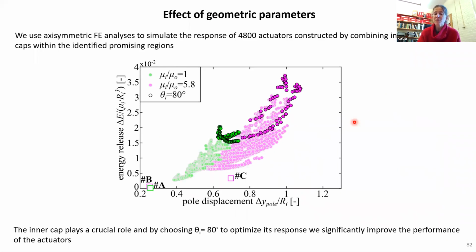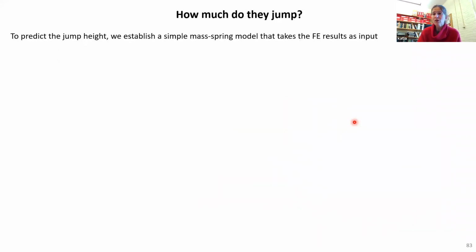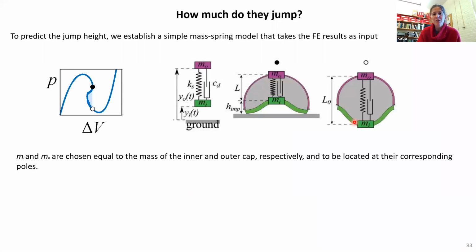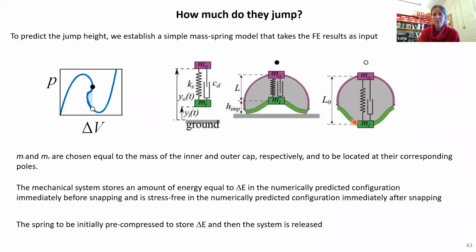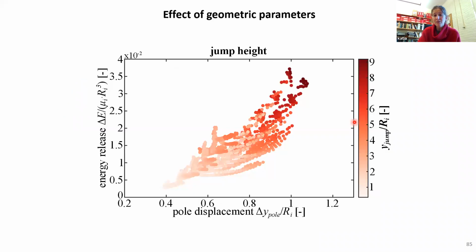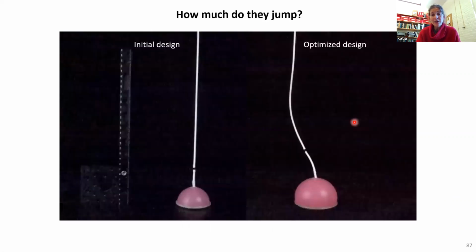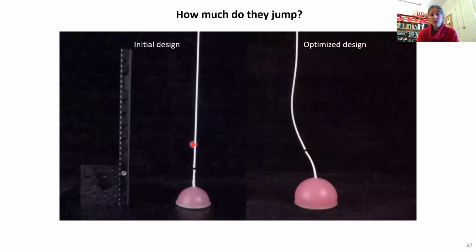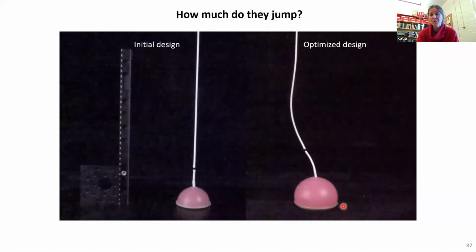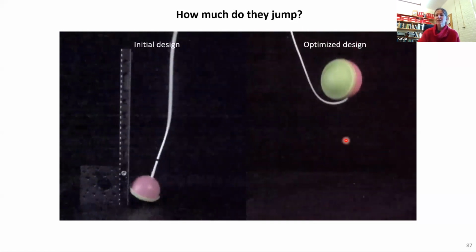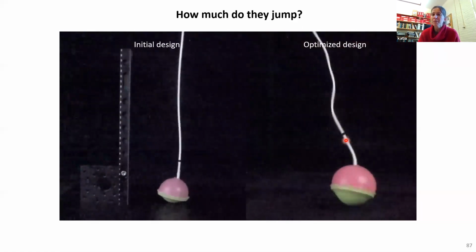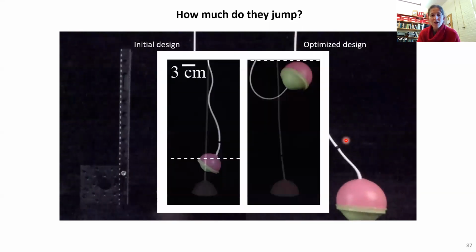Computationally very cheap finite element simulation, coupled with a simple mechanical model, optimizes the jumping height as a function of simple geometric parameters. Here is the initial design I showed you before, and this is the optimized design. We can clearly improve the performance.